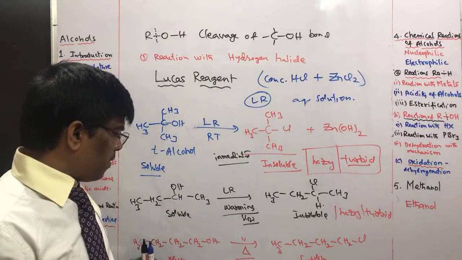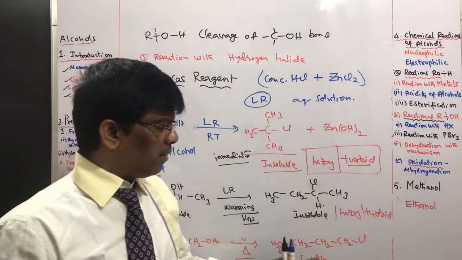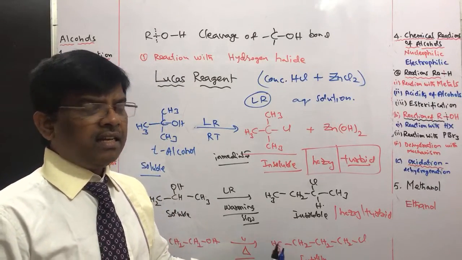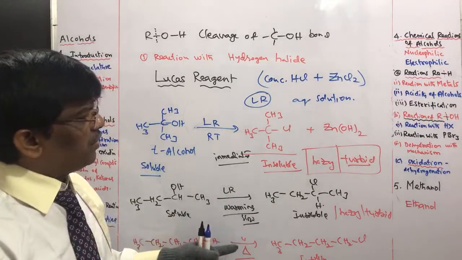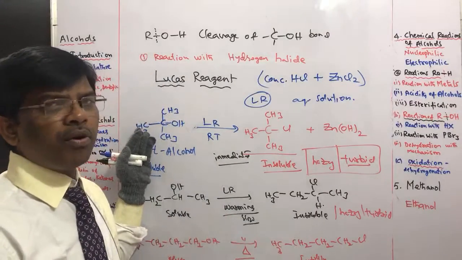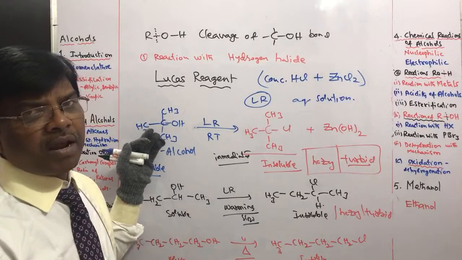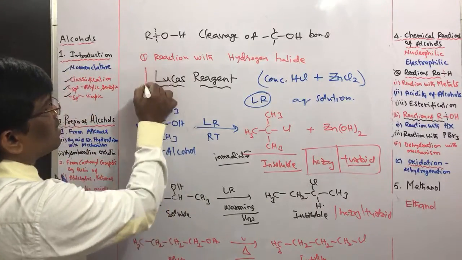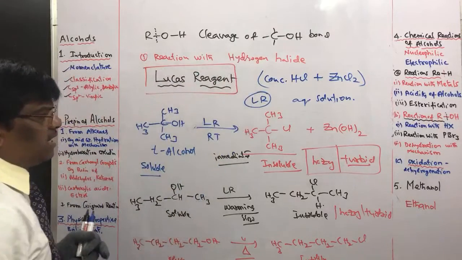When it comes to primary alcohols, it does not take place that easily to form chlorides, right? So because of this test, in a lab, if an unknown compound is given to you, you can distinguish whether it has primary, secondary or tertiary alcohol using the Lucas reagent, right?